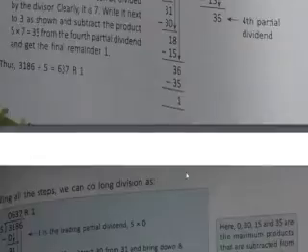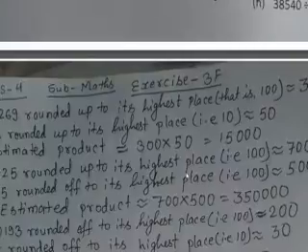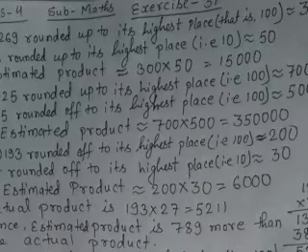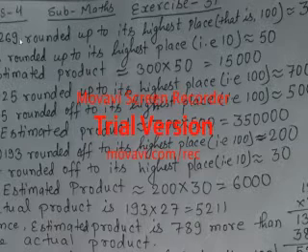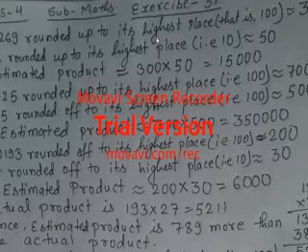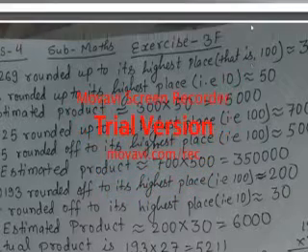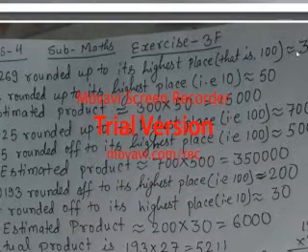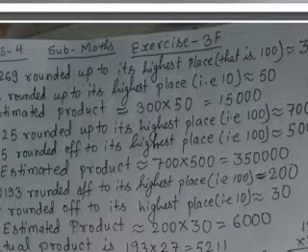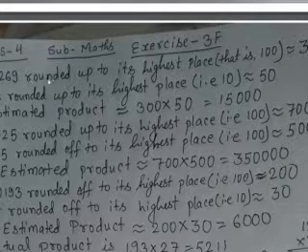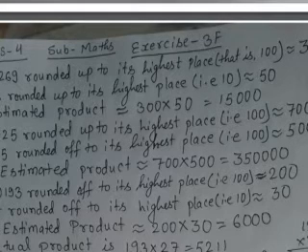If you will see here, at first I had written the estimated value of the first number, and what was the first number? In 1A 269 was there, so I wrote 269 rounded up to its highest place value, which is 100, is equivalent to 300. That means 269 rounding up to its nearest 100 will be equivalent to 300. Why?